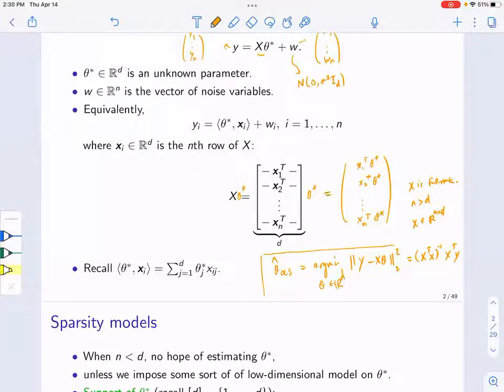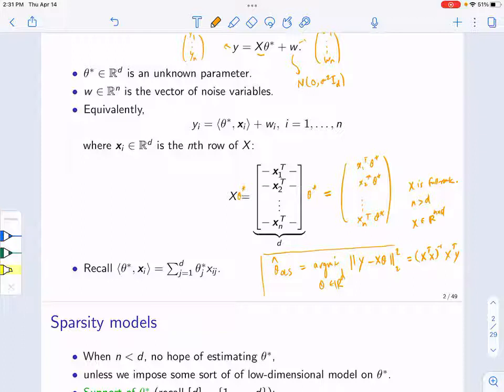And then the issue that we talked about is that this is all good if n is bigger than d, but oftentimes in high-dimensional statistics, d is much bigger than n, so this problem does not have a unique solution, and even if you pick one of the solutions, you're going to perfectly fit y.